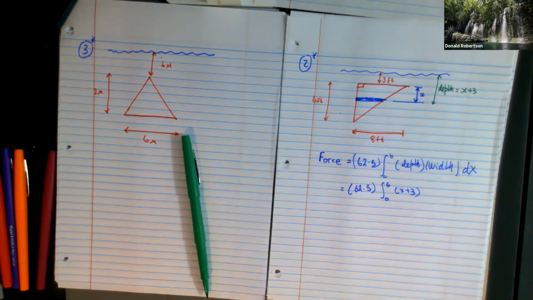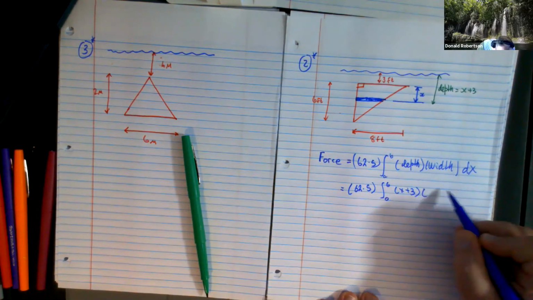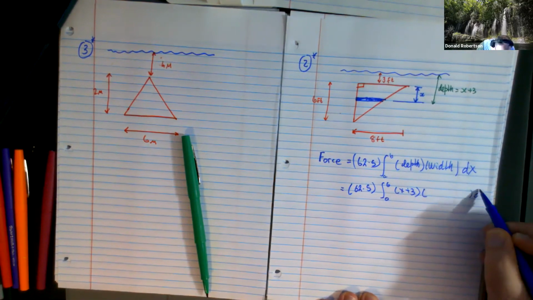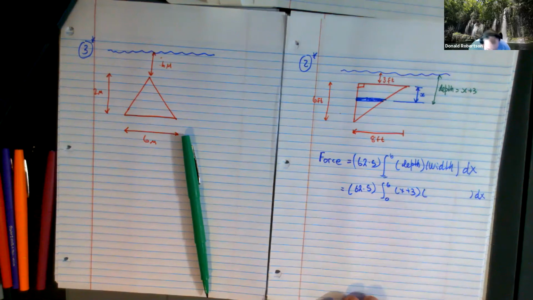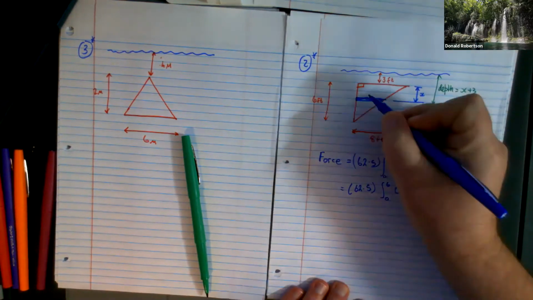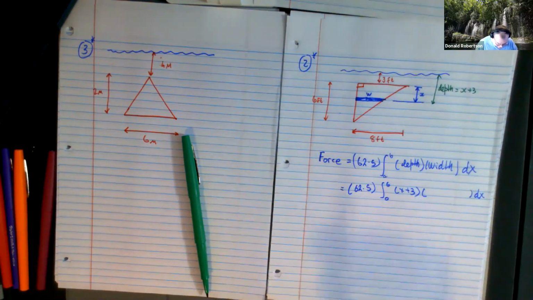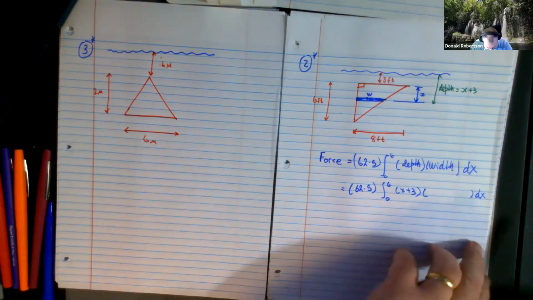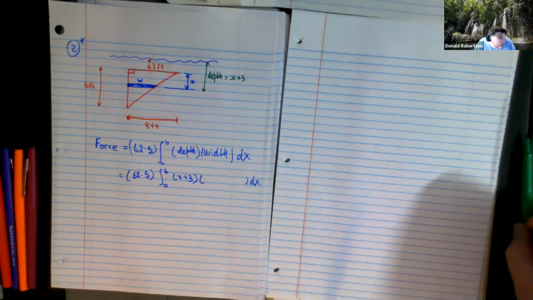Now, the only guy that's missing is going to be the guy that's going to cause us trouble. How do we get the width? Now, I'll call that little guy W just for short. We're going to have to use a technique. I don't know the last time, if ever, you've seen this.